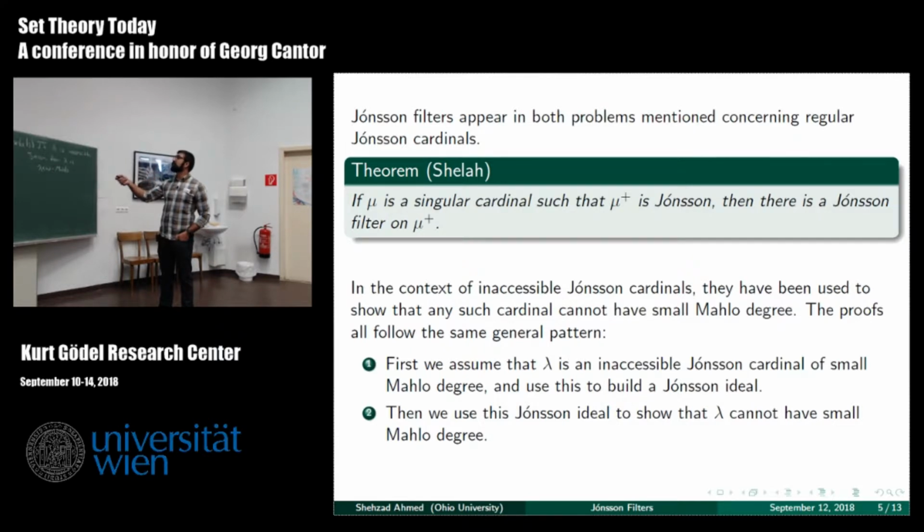All these results are from Shelah, but basically the idea is that you assume that λ has some small Mahlo degree and use this to build something that looks almost like a club guessing ideal in most cases. Then you use this Jónsson ideal to show that λ has to have large Mahlo degrees. This Jónsson ideal acts as a middleman in getting this contradiction.